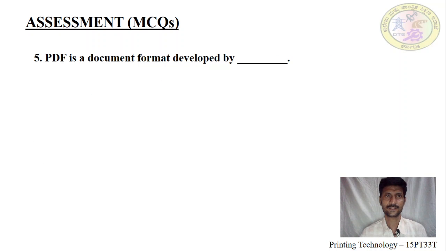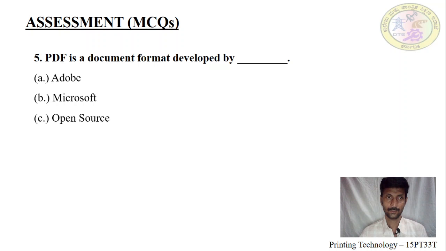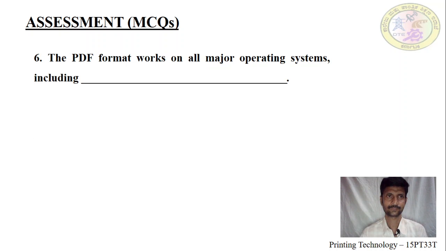A PDF is a document format developed by Microsoft, Adobe, open source, or none of them. Which company developed it? The PDF format works in all the major operating systems, including, clearly, it is independent of device or operating platform.